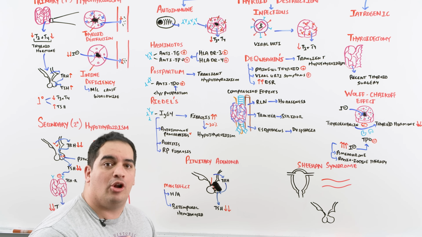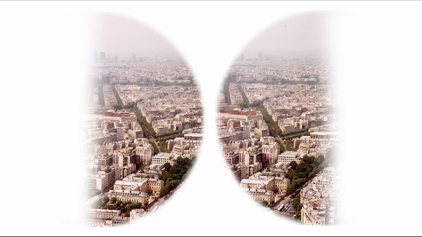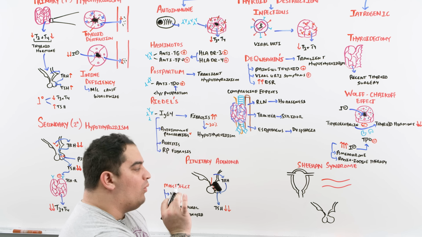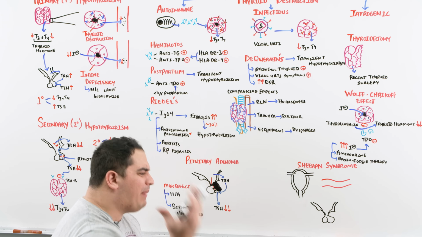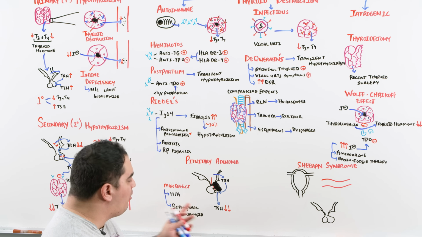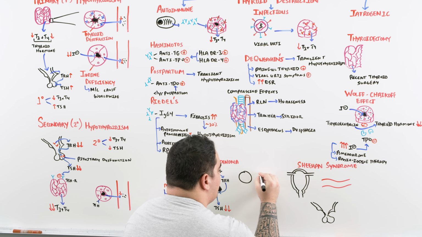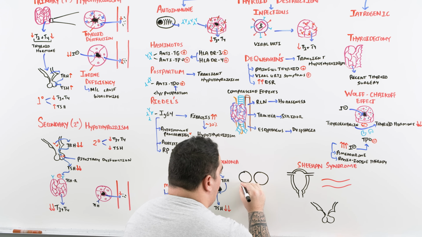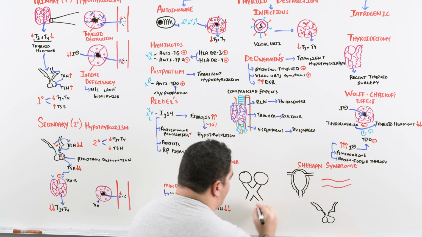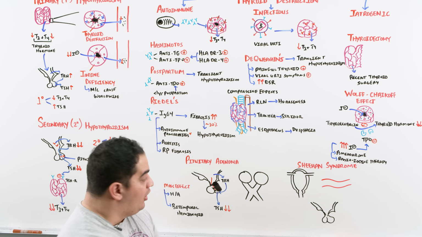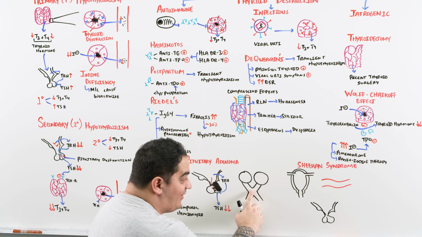So what does bitemporal hemianopia look like? It looks like this. Whenever we have a patient who comes in with headache and bitemporal hemianopia, it's important to remember why this happens. We'll talk about it more in pituitary disorders, but a quick recap: here's an eyeball, and you have to remember that you have that structure here called the optic chiasma. The pituitary gland sits right here in this area.